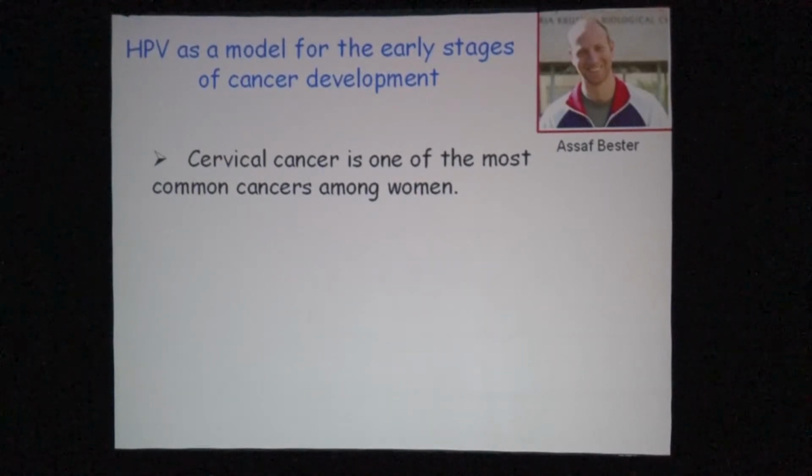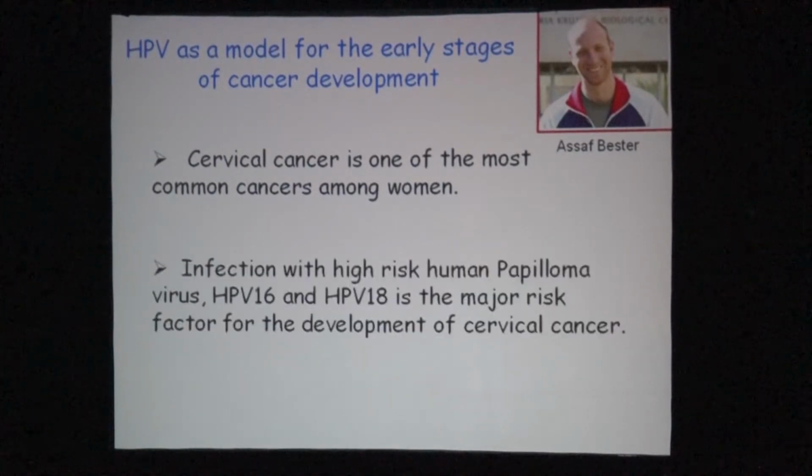And actually, Asaf suggested that we try to investigate this question in a specific cancer. And you will see that it applies to most cancers, but we started with cervical cancer, one of the most common cancers among women.